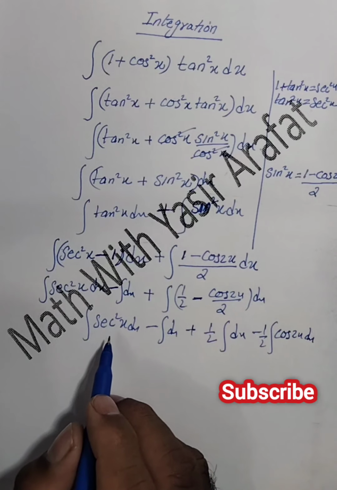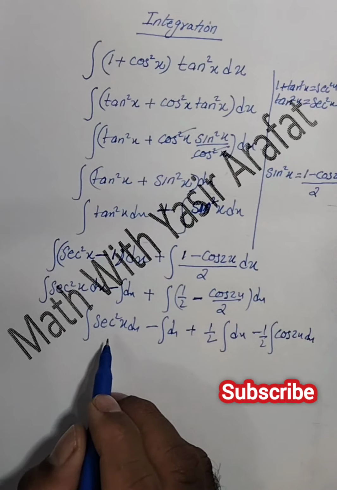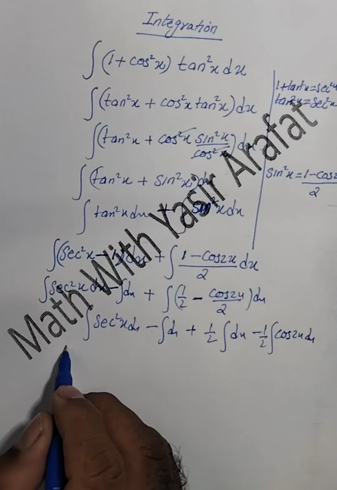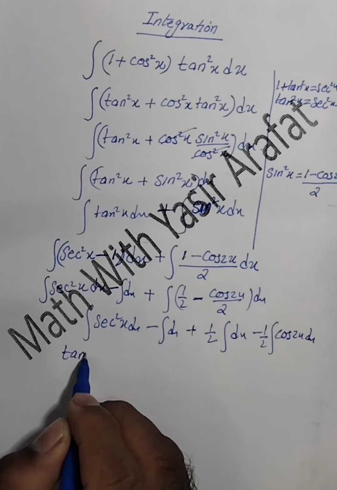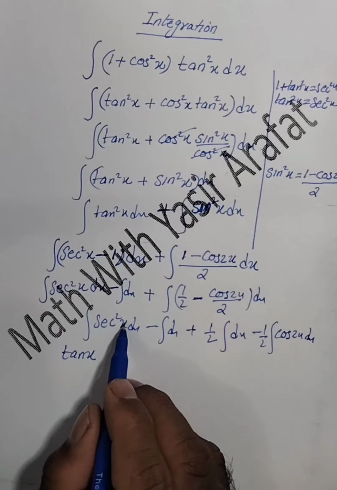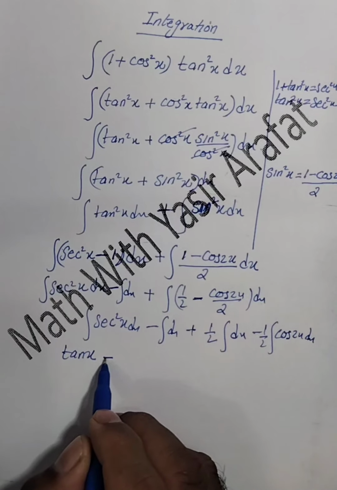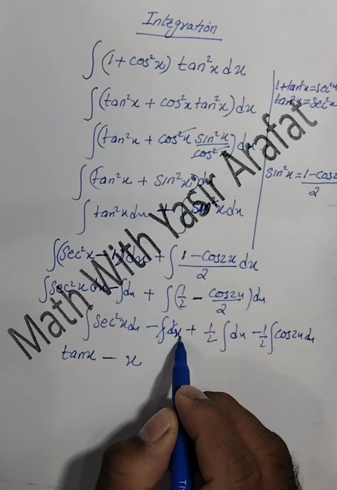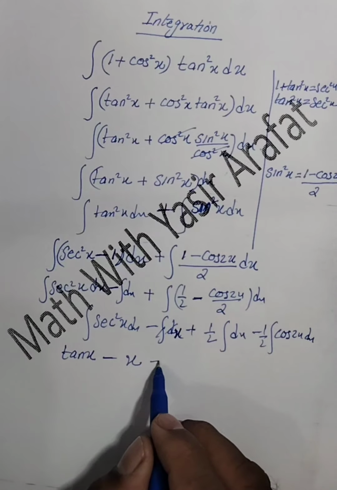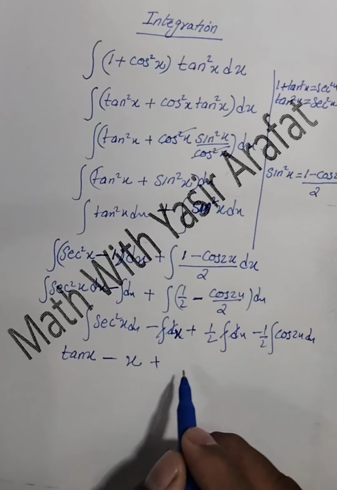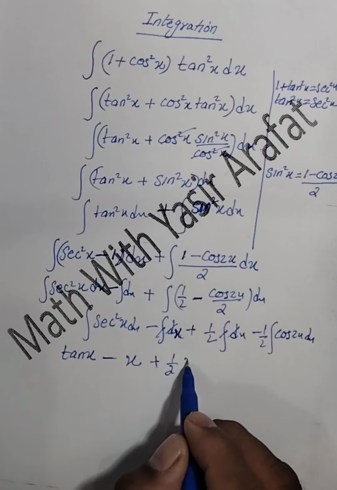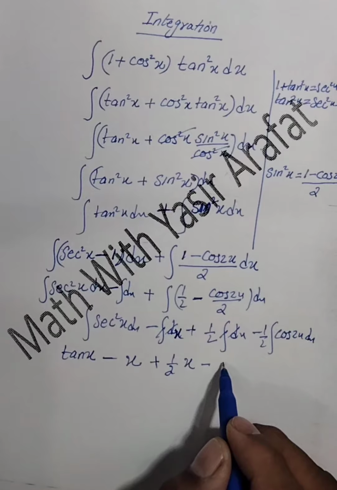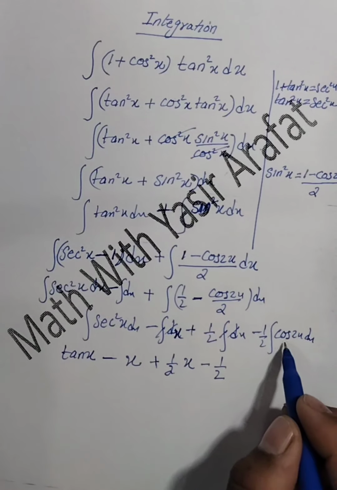The integration of sec²x equals tan x. This is the formula for the integration of sec²x. Minus x here, plus, cancel out to this x, and minus 1 over 2 cos 2x.